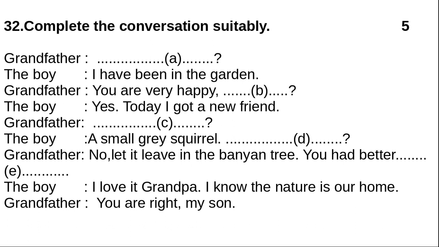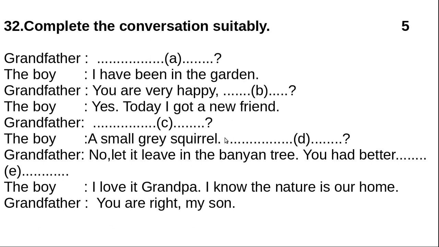Next, asking some question, then he says no, let it live in the banyan tree. You see, no is the answer. Certainly that will be a yes or no question, right? So here we have to make the yes or no question. What will be the question for no, let it live in the banyan tree? He might have asked, shall I take it here?